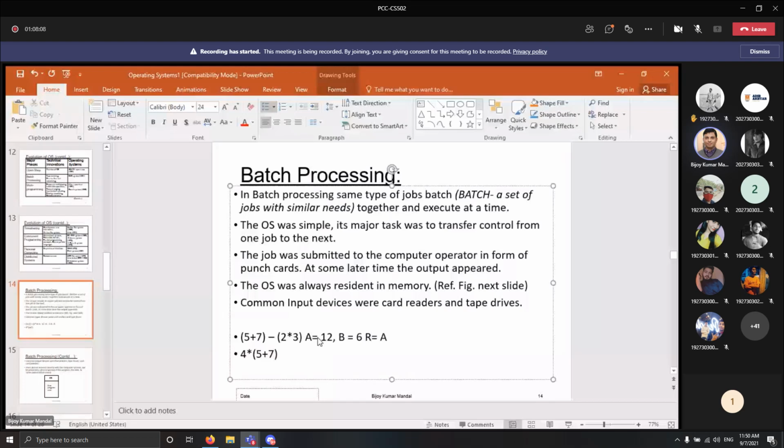So when I perform this task, it is replaced like that: 4 into, where I store the value of 5 plus 7. Please tell me. So that is replaced by A. A means 12. So directly we can write 4 into 12.